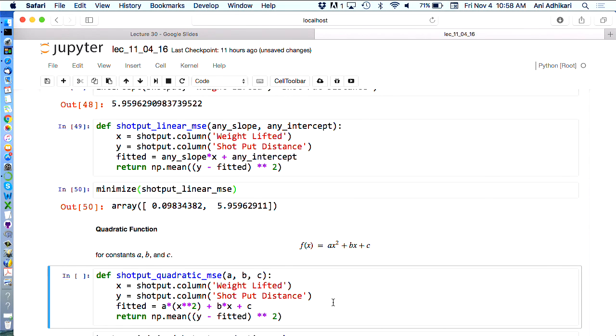In the def line, you have three arguments, because you've got a constant term, an x term, and an x squared term in the second one. Is the x different? No, because in both cases you're starting with the weight the person can lift. Is the y different? No, because in both cases you are predicting the distance the person can throw.